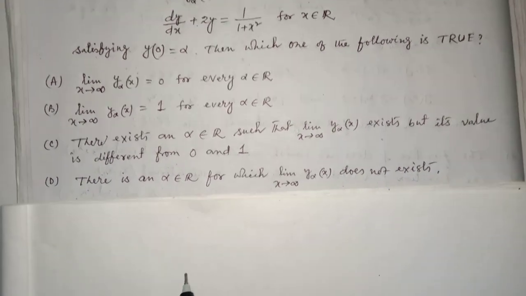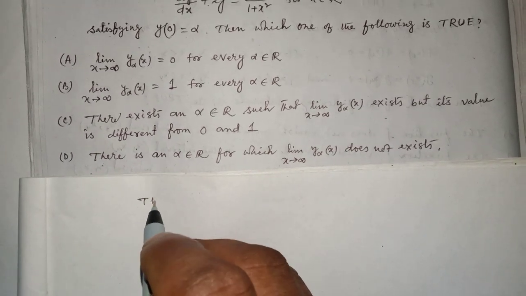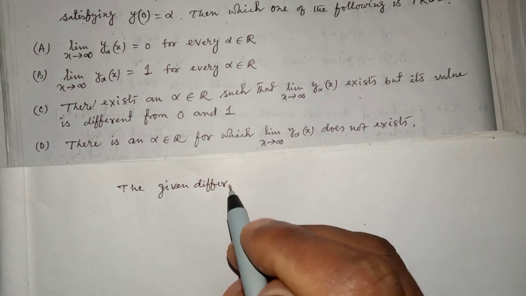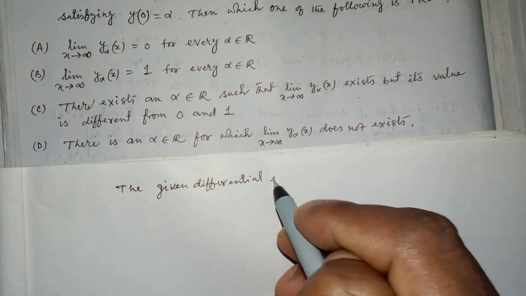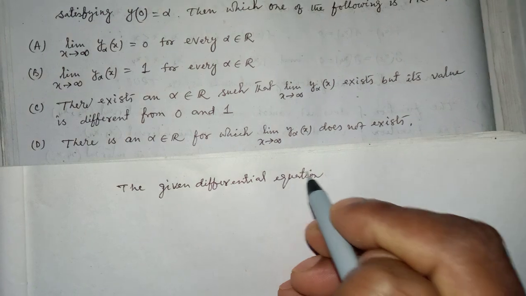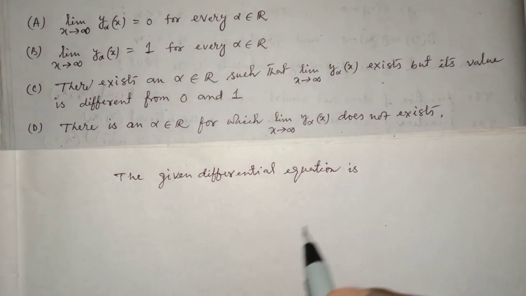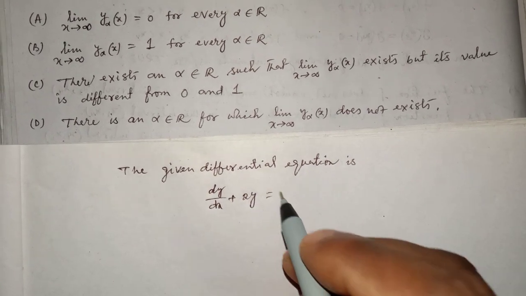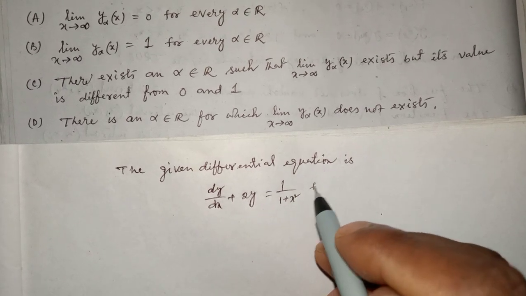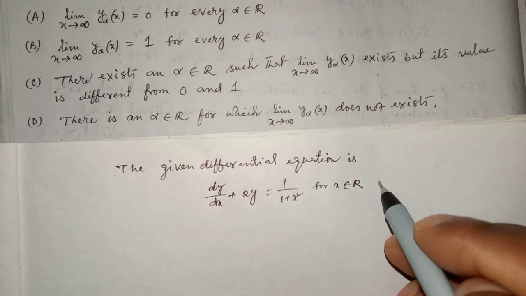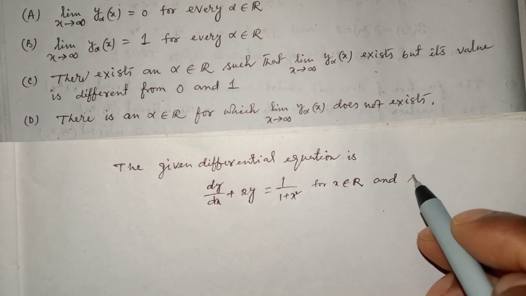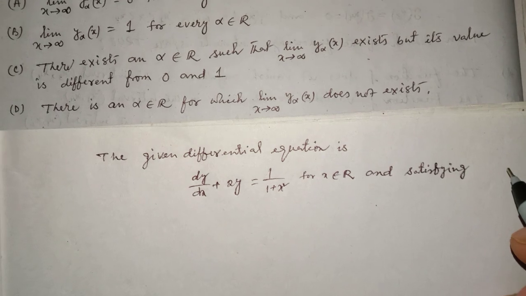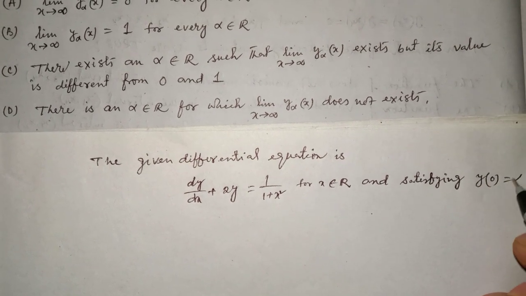So here the given differential equation is dy by dx plus 2y is equal to 1 by 1 plus x square for x belongs to R, and satisfying y of 0 is equal to alpha.